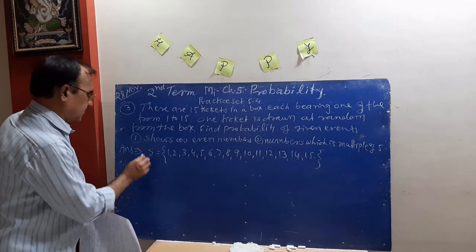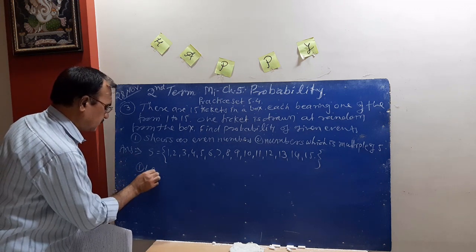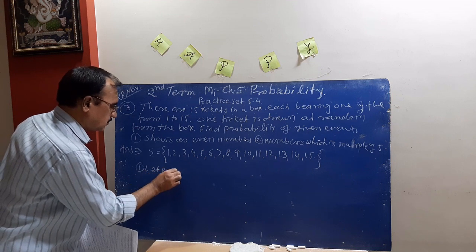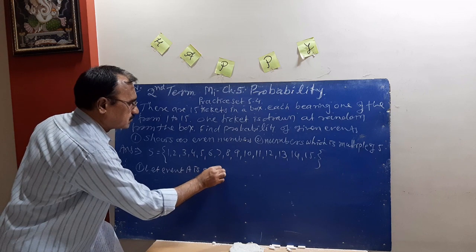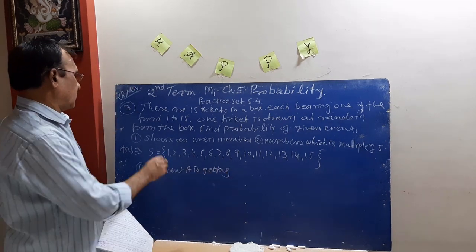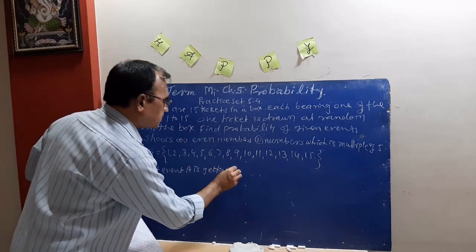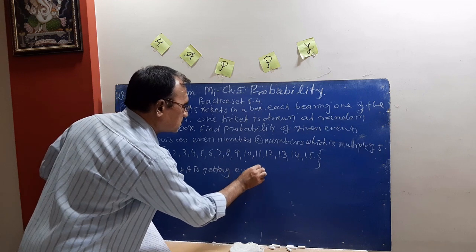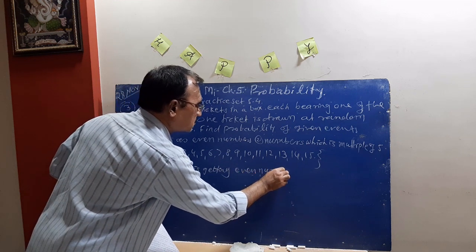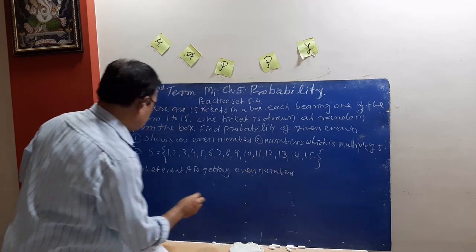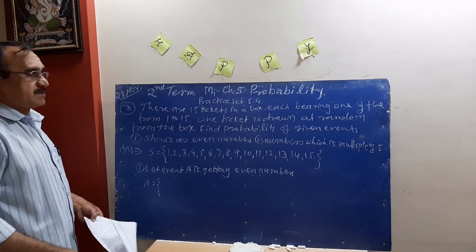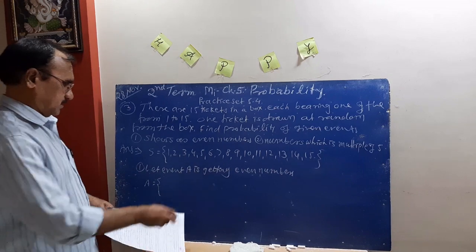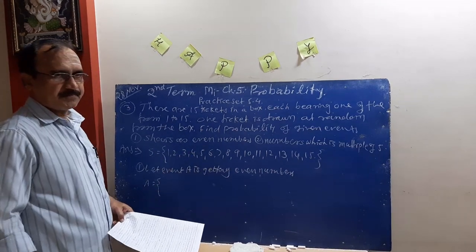Let event A be getting even numbers. And therefore A is equal to, see which are even numbers from this 1 to 15.